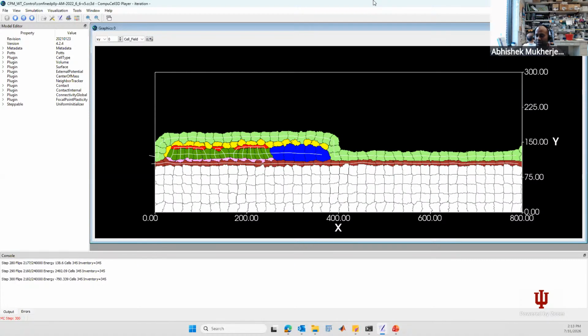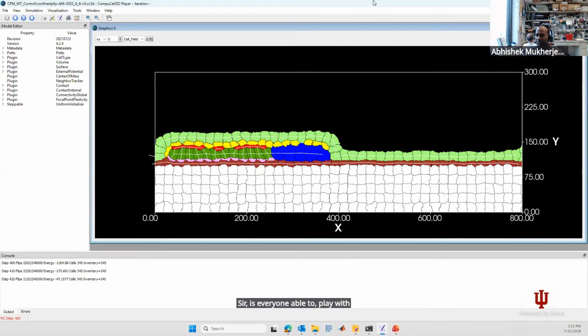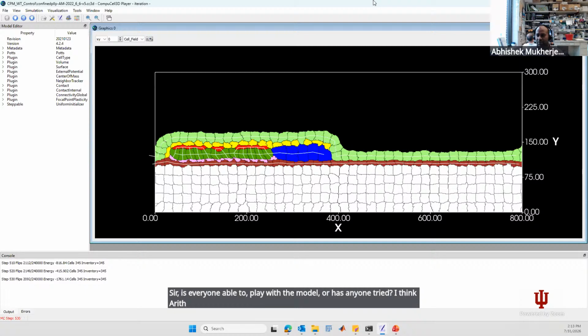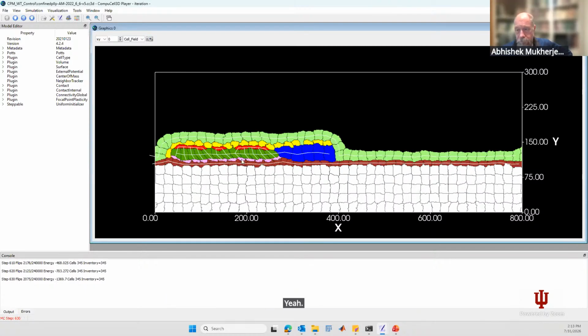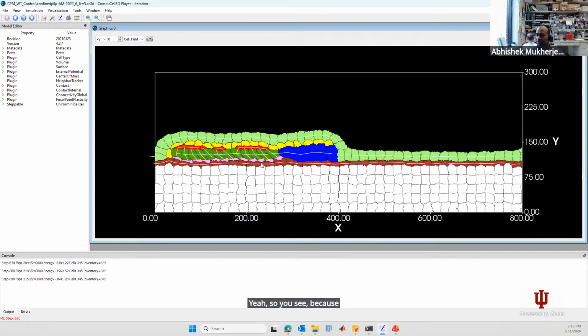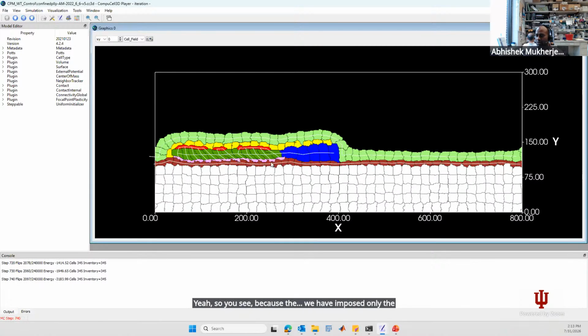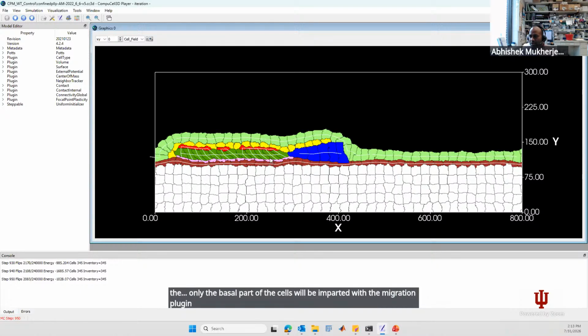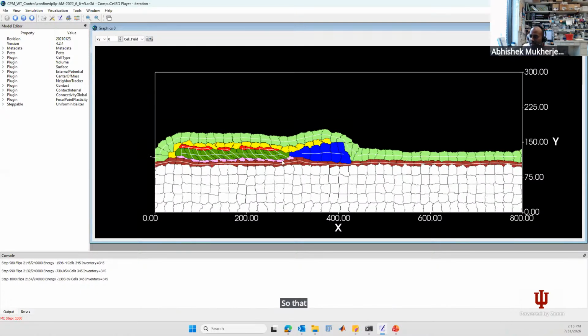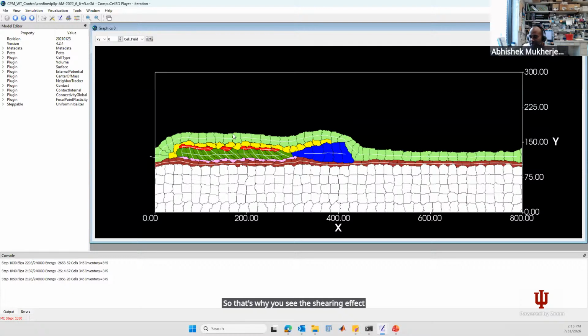So is everyone able to play with the model, or has anyone tried? I think Aritra has tried. It works for me. So you see, because we have imposed that only the basal part of the cells will be imparted with the migration plugin external potential, that's why you see the shearing effect of these cells.